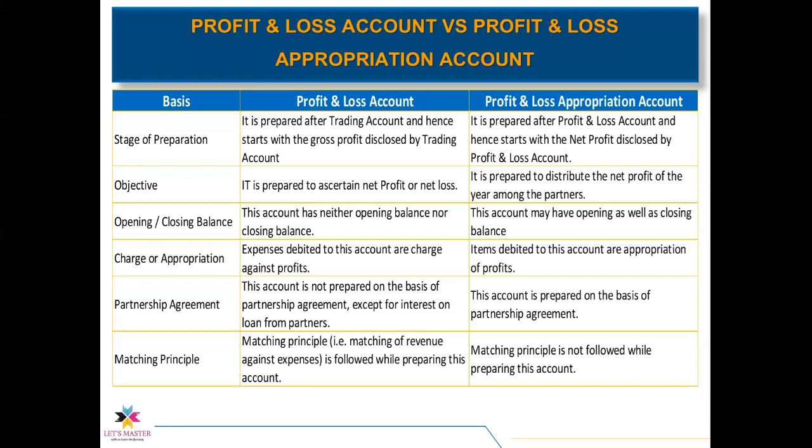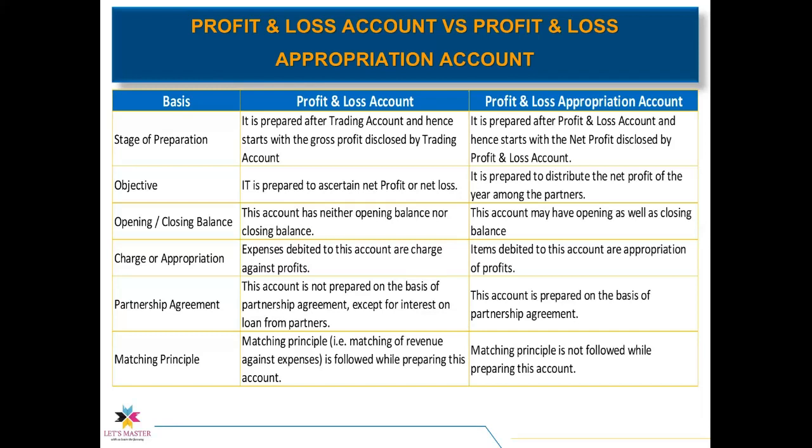Charge or appropriation. By charge, what we mean is something that we must pay, whether we suffer a loss or earn a profit. Whereas appropriation means distribution. All the expenses that we have incurred during the accounting period, we must record in the profit and loss account, and recording of those expenses is considered a charge, because you don't have a choice whether you want to pay those expenses or not.